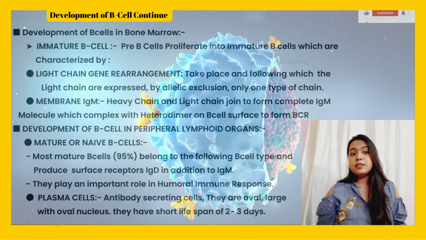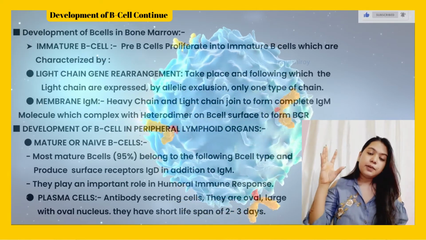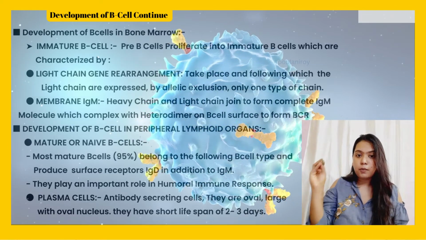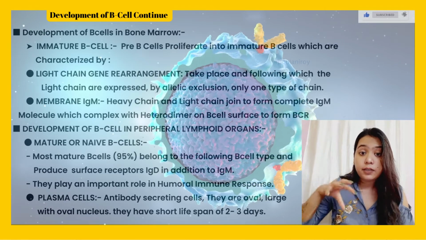So the B cell receptor में ultimately क्या हो रहा है, जो IgM का जो receptor है that will get formed, जिसको हम BCR बोलते हैं या B cell receptor बोलते हैं on your B cell.